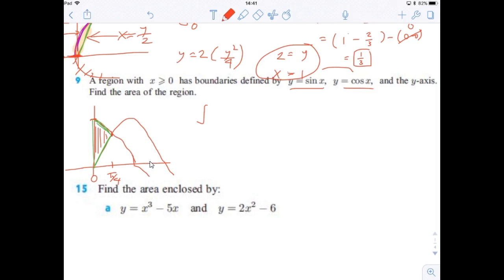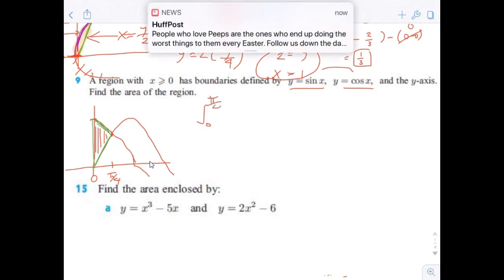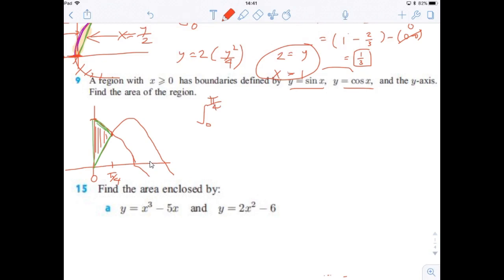So I'm going to have the limits of integration be x equals 0 to x equals pi over 4. And then the inside of the integral is going to be the top function, which is cosine of x, minus the bottom function, which is sine of x. So it'll be cosine x minus sine x dx.